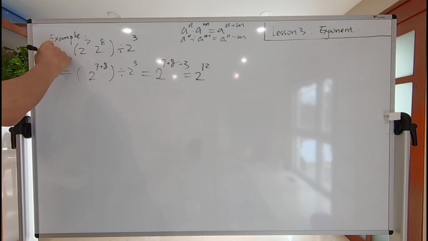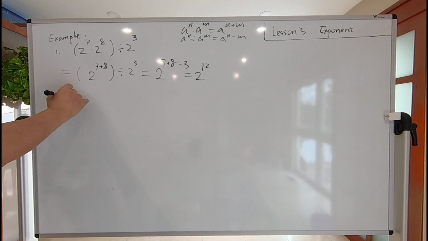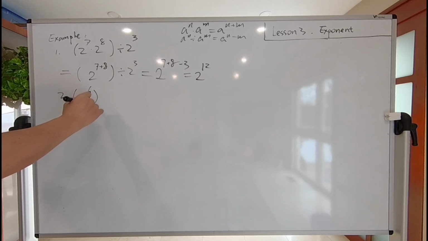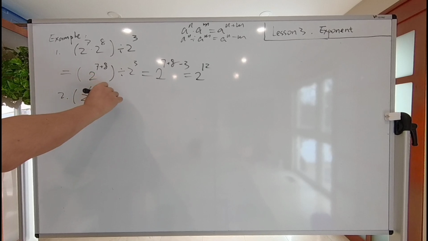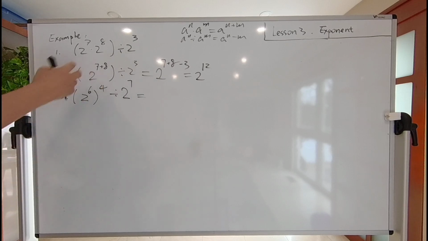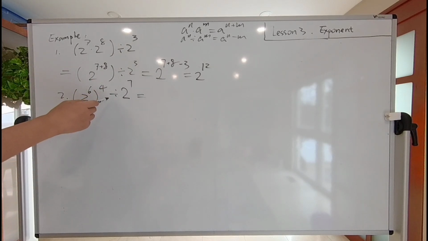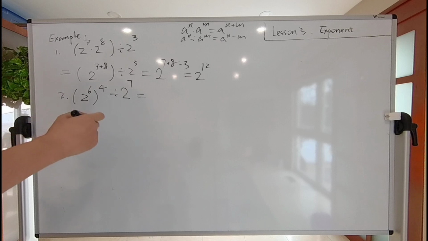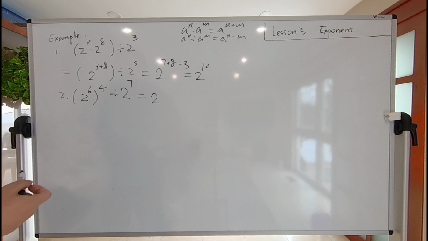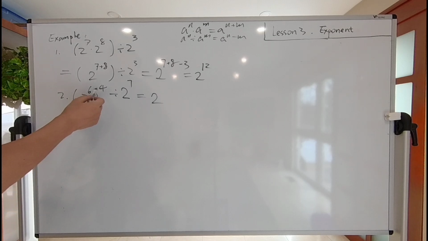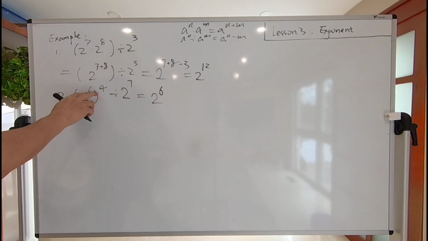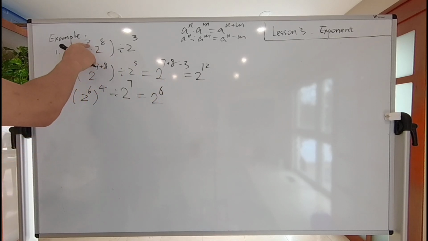Okay, so next, let's see 2 to the 6, then to the power of 4, divided by 2 to the power of 7. It's a similar question: you first observe that they do have the same base. The base is 2, and then we'll just use the conclusions from the product and quotient of powers. So 6 to 4. Now this is a power of a power. Remember that it's no longer plus.